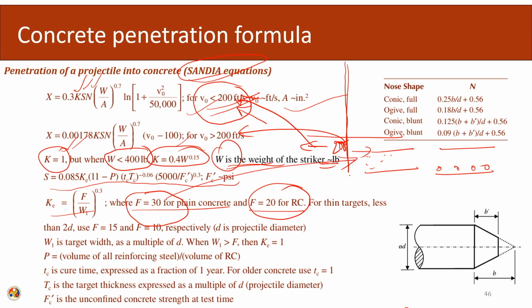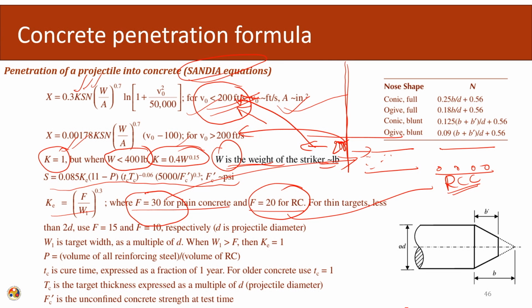So, only conventional concrete, F equals 30, and F equals 20 is your RCC concrete, reinforced cement concrete. Basically what has been done is that the test has been conducted under different conditions, under different velocity conditions, using different grades of concrete, using different configurations of concrete, plain concrete, reinforced concrete. So, that is why there are different types of equations that try to fit under different circumstances.